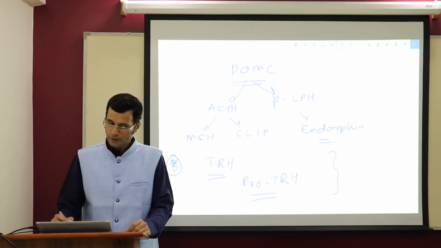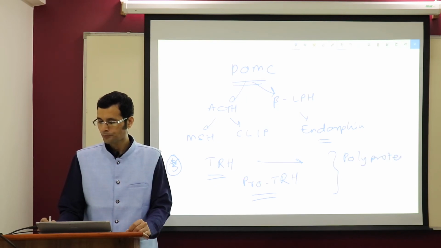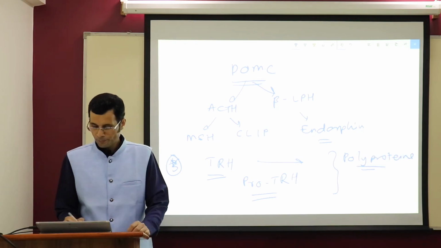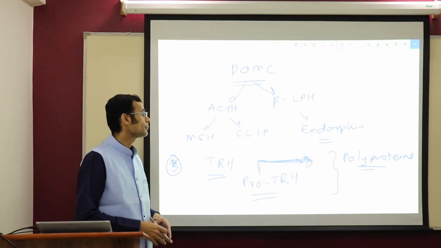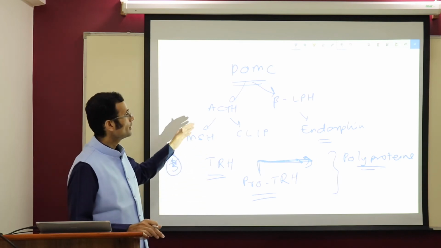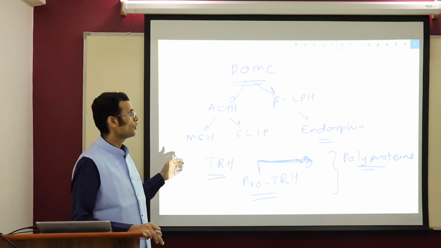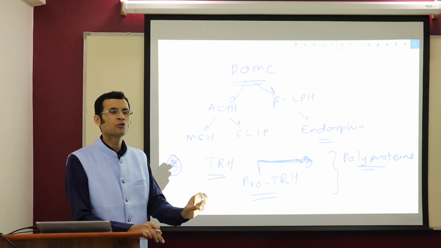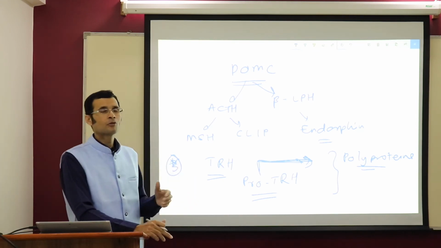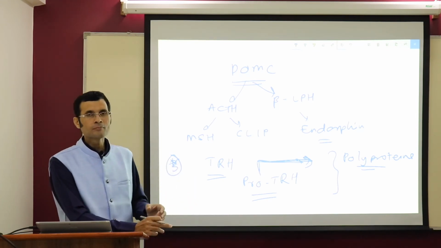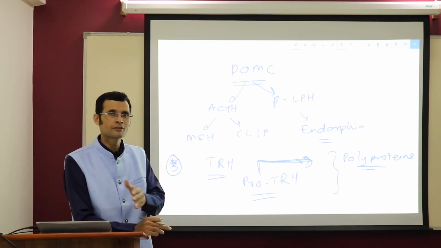Well, by the way, these precursors are therefore sometimes called polyproteins, which form multiple copies of the same hormone, or multiple types of hormones derived from a single precursor, or one copy of that hormone from one precursor. That is about the protein or peptide hormones, and this is the comparative analysis of peptide versus steroid hormones.